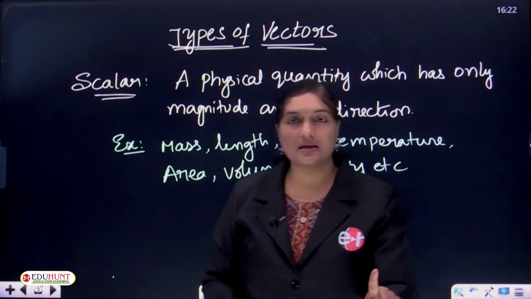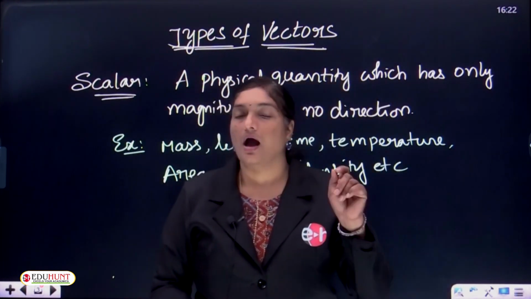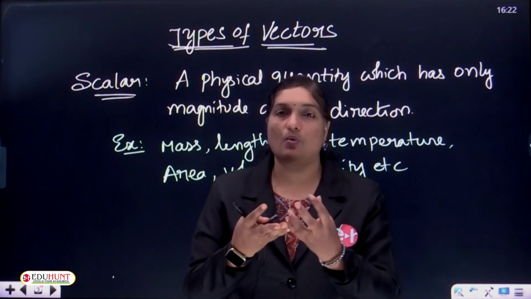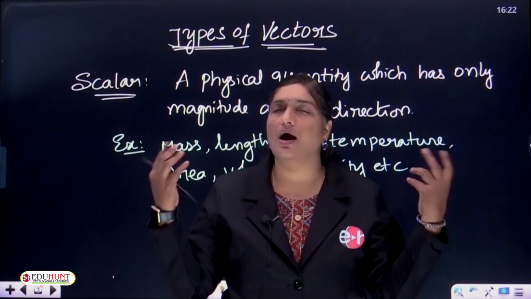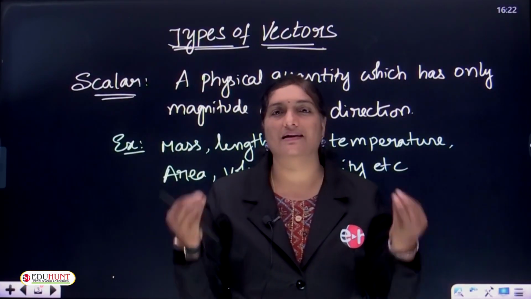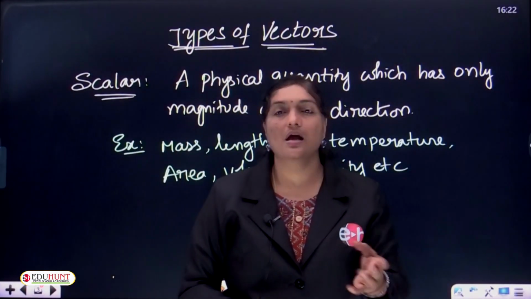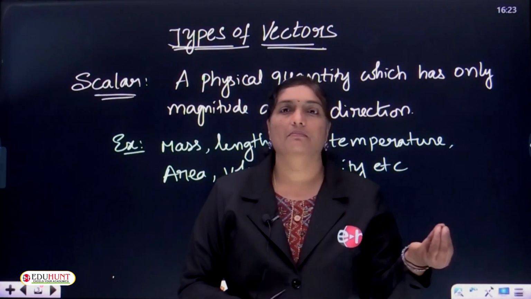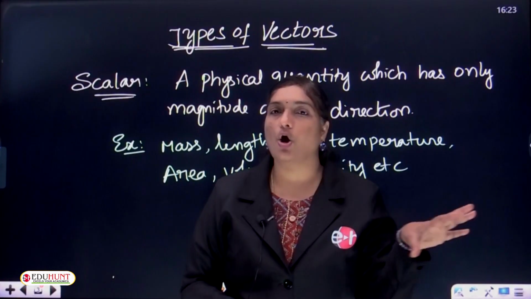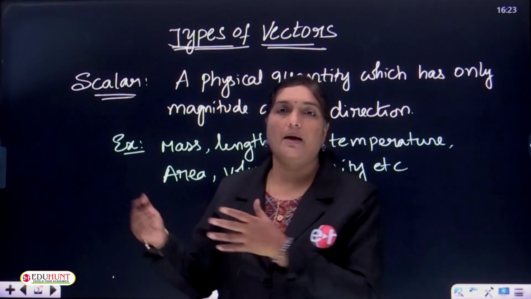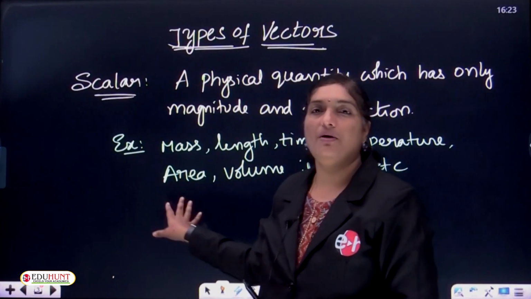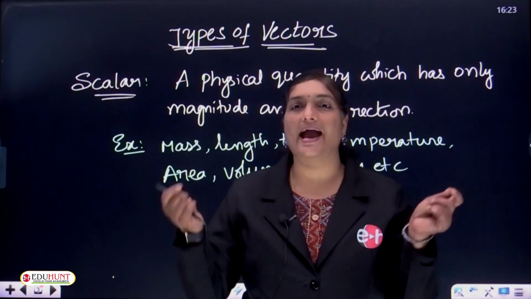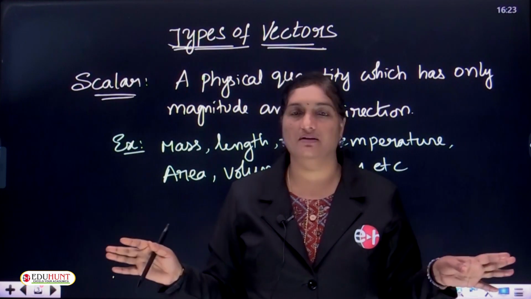And always remember, children, for scalars, if you want to add two physical quantities, all the simple algebraic laws are applicable. That is, simple addition, subtraction, multiplication and division. They are directly added, subtracted, multiplied or divided.